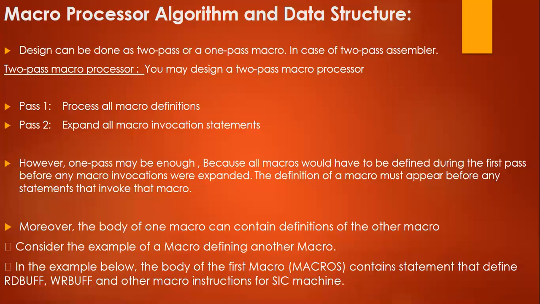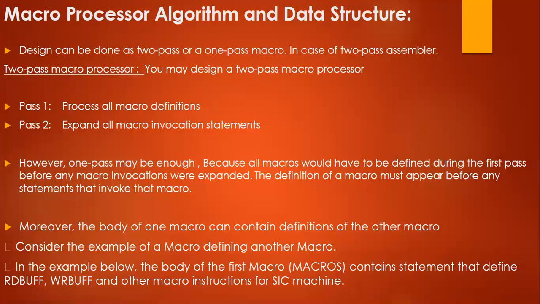If you want to design a macroprocessor for a two pass assembler, meaning after computing pass one we are computing pass two, then we are calling our macroprocessor a two pass macroprocessor. For that, first we need to handle pass one, later pass two.